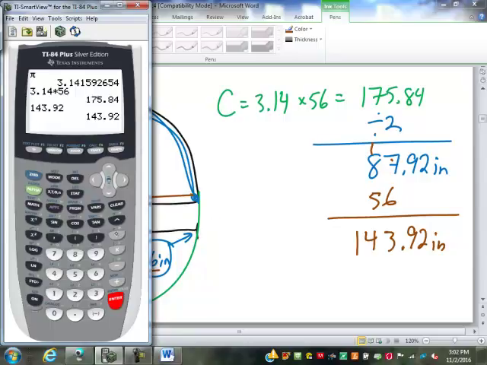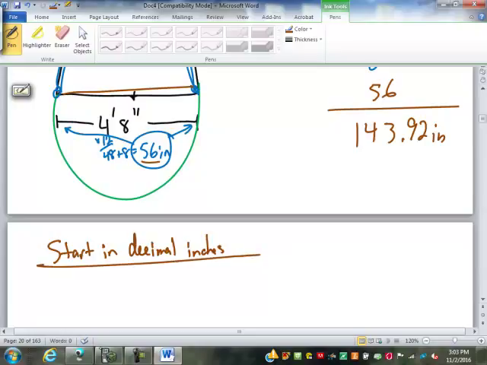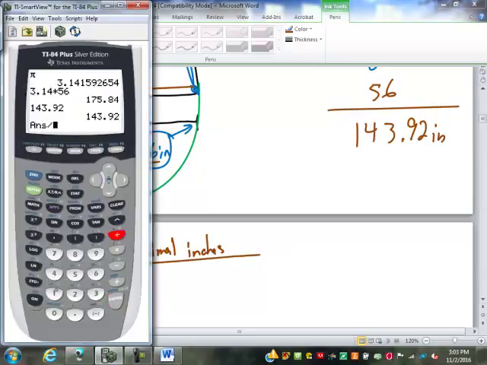Well, I'm going to do this. If I'm starting in inches, so I'm starting in decimal inches, I'm going to divide by 12.